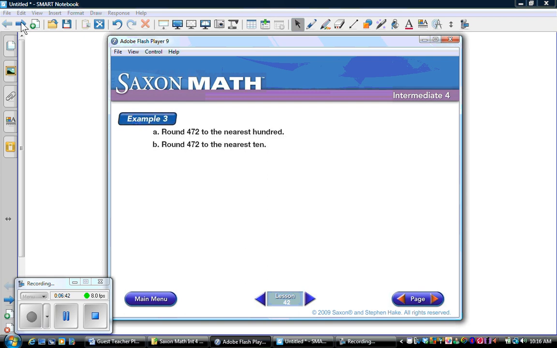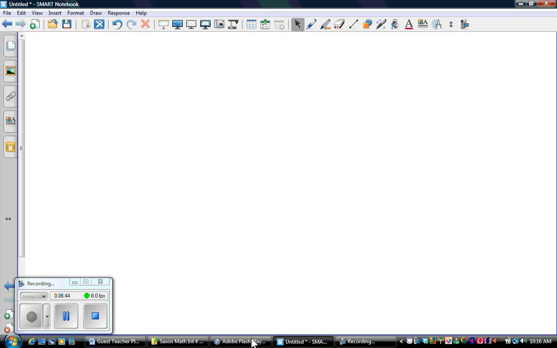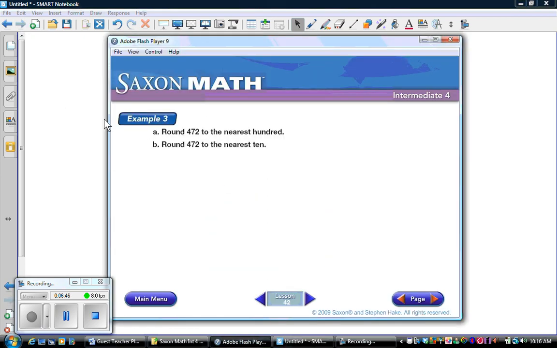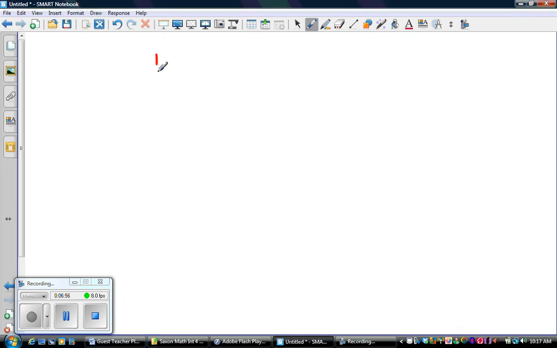Okay, example 3. And I've had students ask questions about this. So this is a good one. Round 472 to the nearest 100. Okay, so I'm going to write down 472. And it said to the nearest 100. Which digit is in the hundreds place? It's the 4.